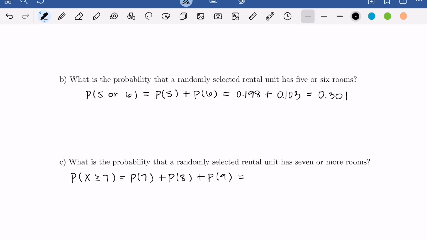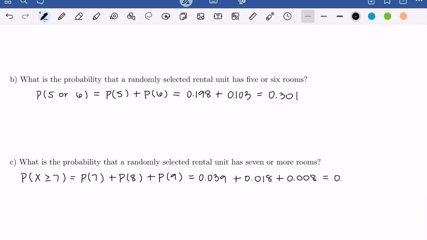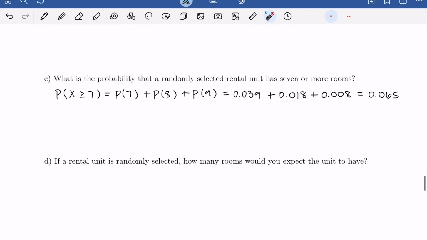So we're going to add these probabilities together from our graph. We're going to get 0.039 plus 0.018 plus 0.008. Adding these together, we're going to get a probability of 0.065.